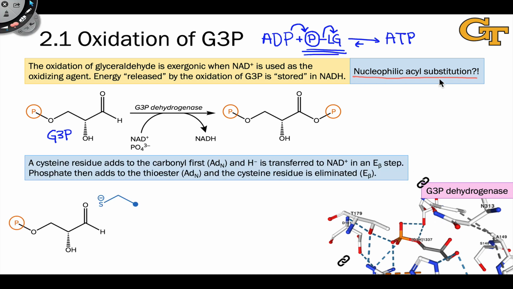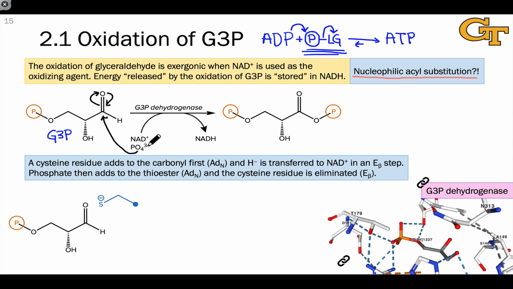A naive nucleophilic acyl substitution mechanism would be something like direct addition of phosphate to the carbonyl carbon through one of its oxygens, followed by, in like an ADN step, right? Followed by beta elimination of hydride directly back to NAD+. And while that's not necessarily energetically forbidden, it may not be the lowest energy path.